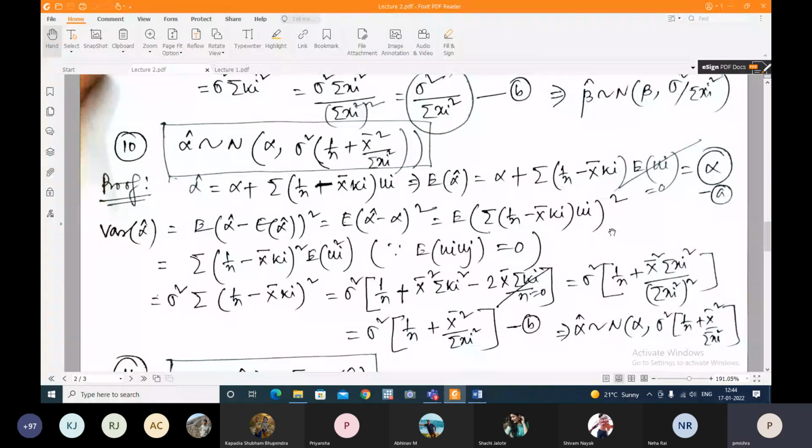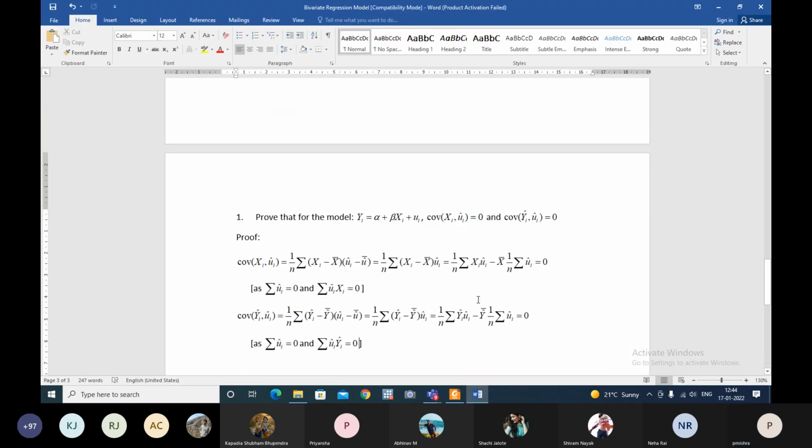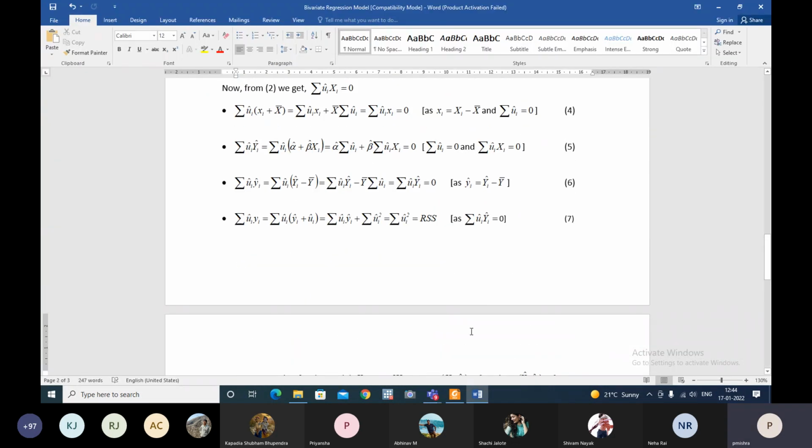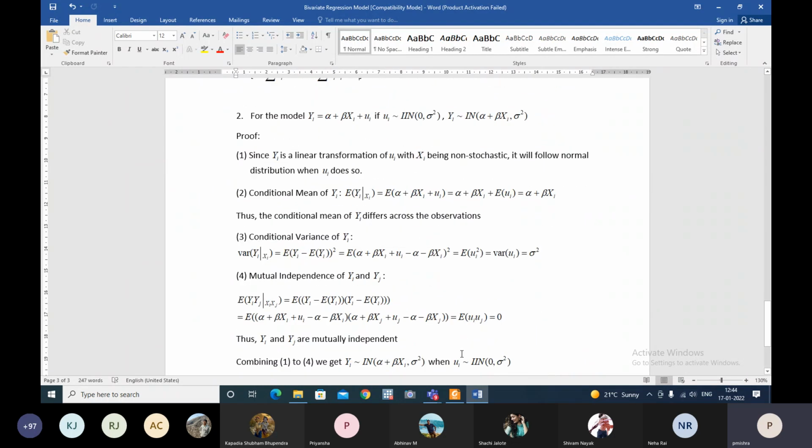Will that be all right? Yes, sir. I'll add that, like in this Word file, the way I have written it in detail, I will write that part also in detail, both derivations of the distribution of alpha hat and beta hat.